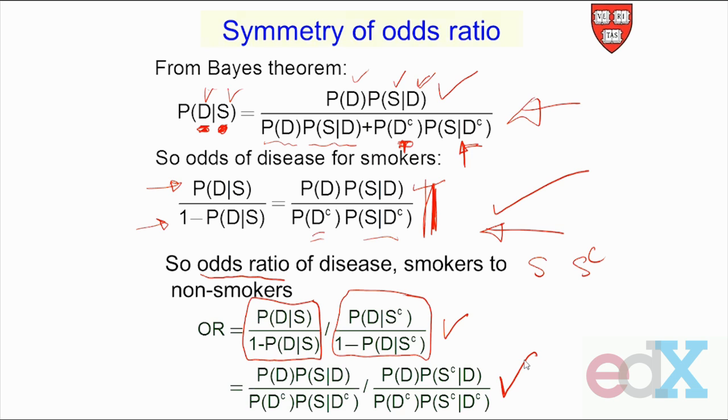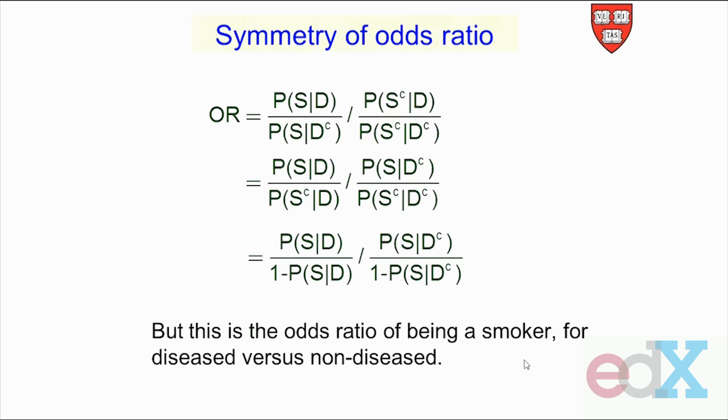And now the fun thing is to just rearrange these terms. If you rearrange the terms, you'll come up with this, and now just swap these two, which is perfectly legal. Just swap those two, and you've got this. And now what is this? This is the probability of not being a smoker, given that you have the disease.